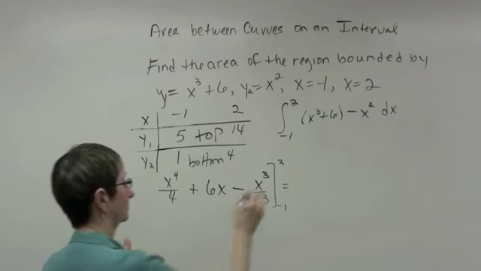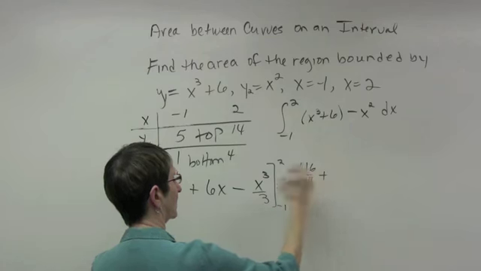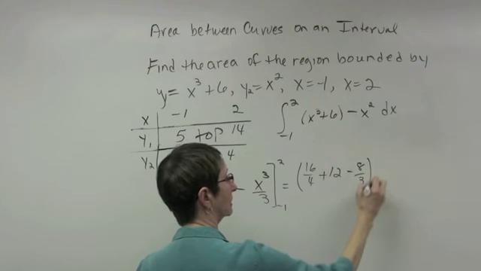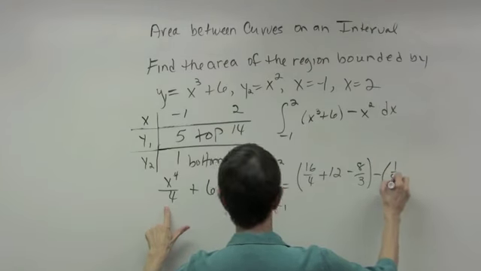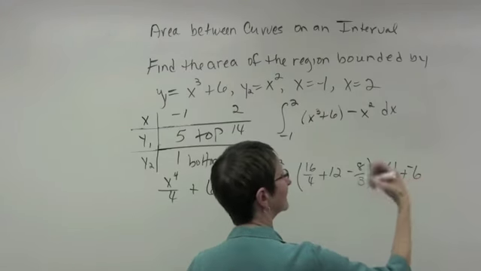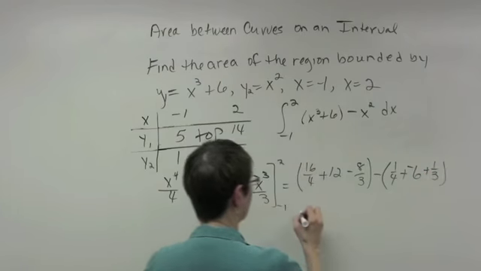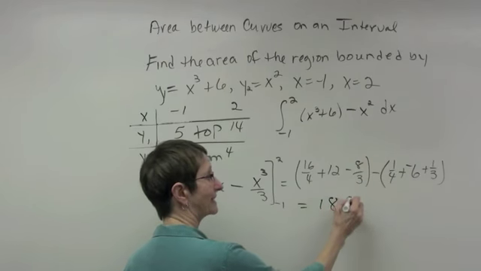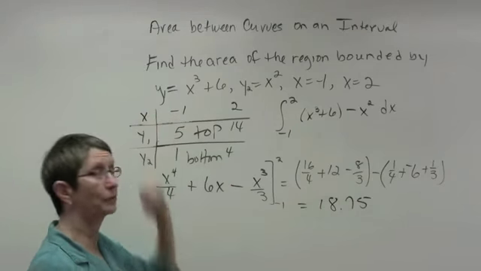Plug in the 2 first. 2 to the 4th is 16 over 4, plus 2 sixes are 12, minus 8/3, minus, I'll plug in -1, I've got 1/4, plus or minus 6, minus a -1 over 3 gives me plus 1/3. You put all your fractions together and add everything up, you end up with 18.75. It's an ending decimal. That is the exact value of the area between those two curves.